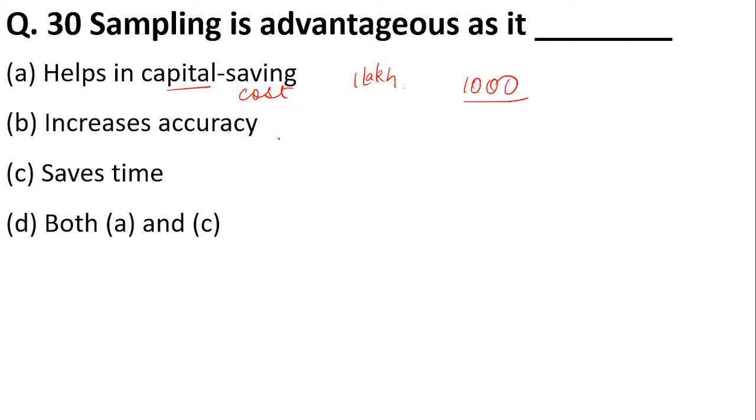Will it increase accuracy? No, there are chances that it will decrease accuracy. So this is not right. It will save time. Yes, instead of doing research on 1 lakh people, doing research on 1,000 people is certainly time saving. So cost and time will be saved in sampling. That is why A and C is correct.